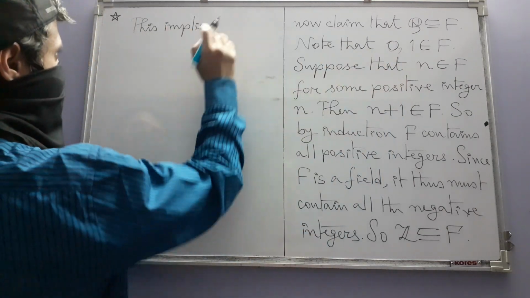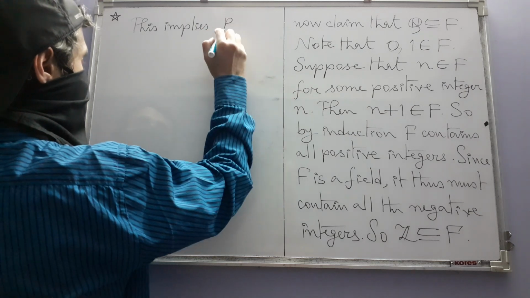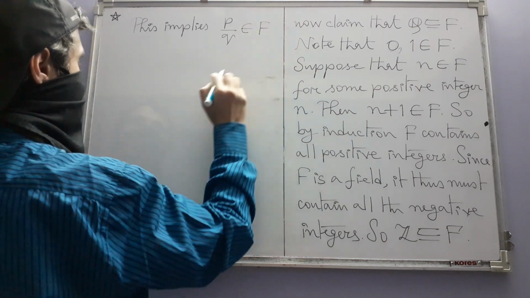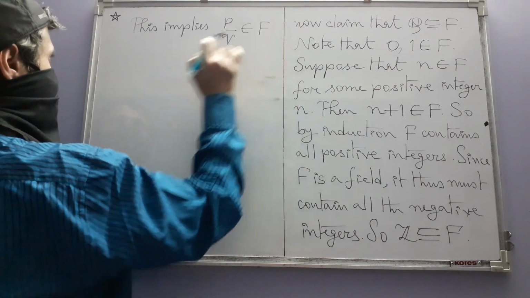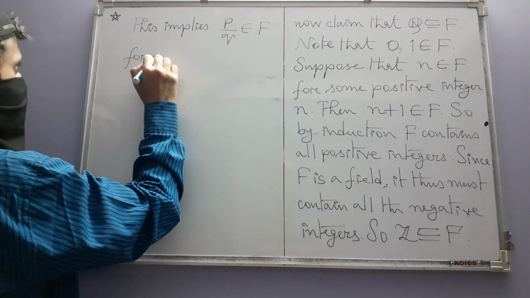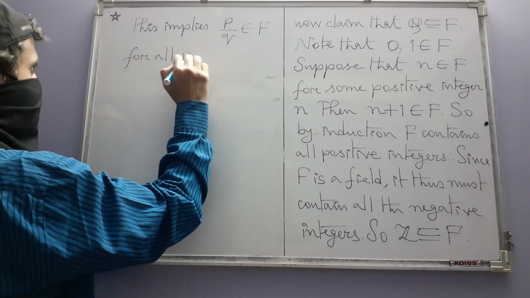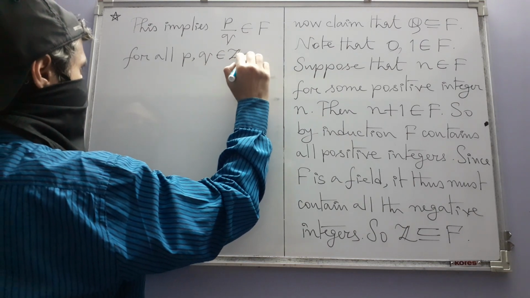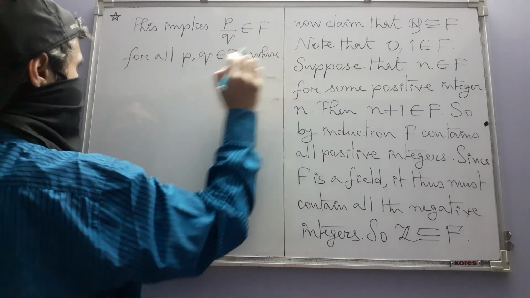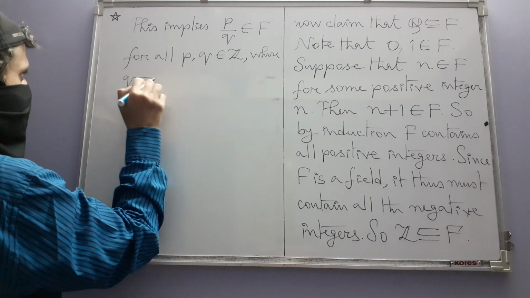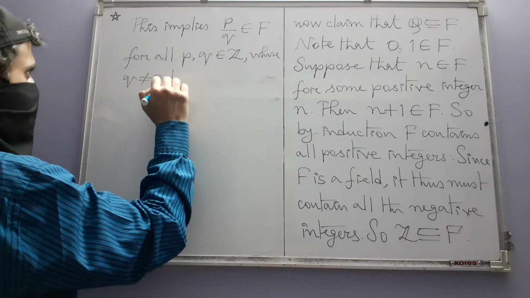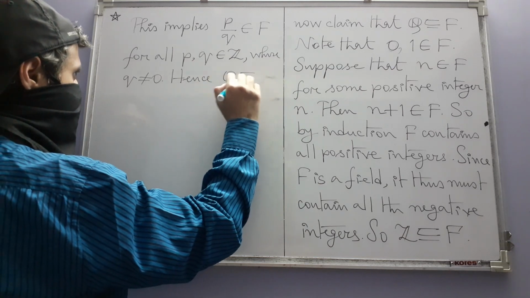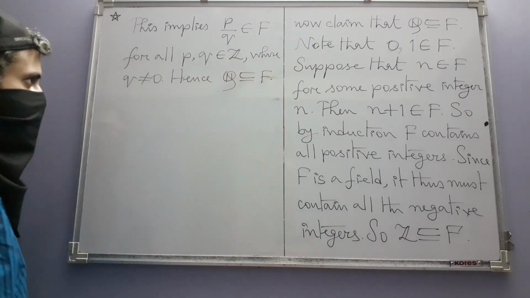But now this implies that P divided by Q belongs to F for all integers P and Q where Q is of course non-zero. Hence, this is contained in F.